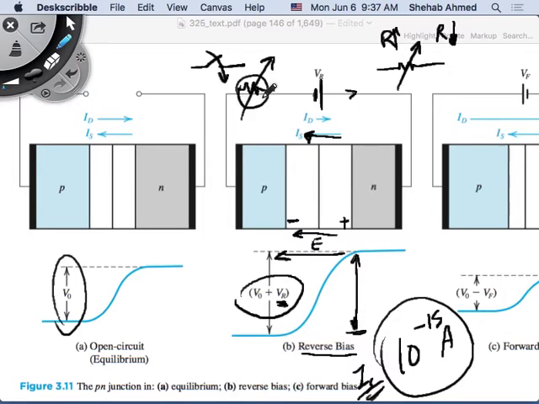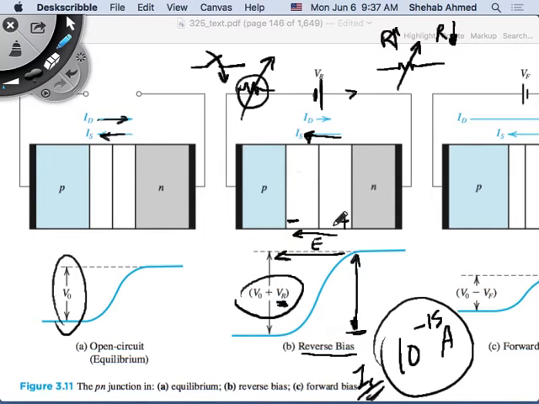So drift is not helping the current flow. Drift is actually helping you control the device. Here, the drift current was equal to the diffusion current. Nothing flows. Here, what happens? The drift current was higher than the diffusion current. Why was drift current higher?